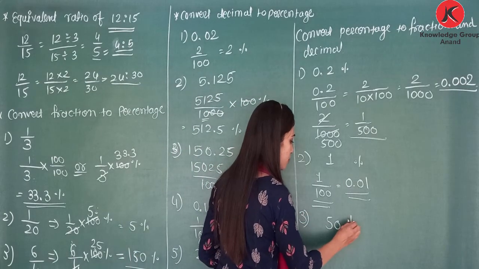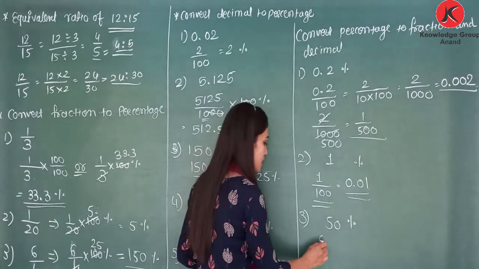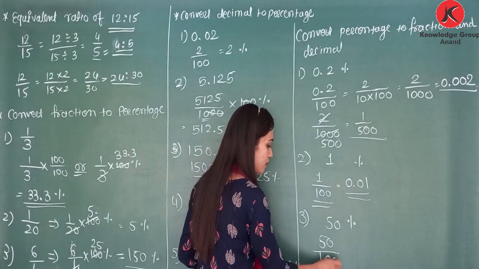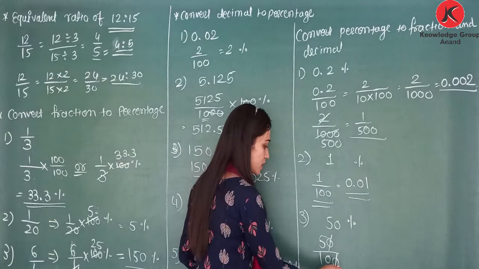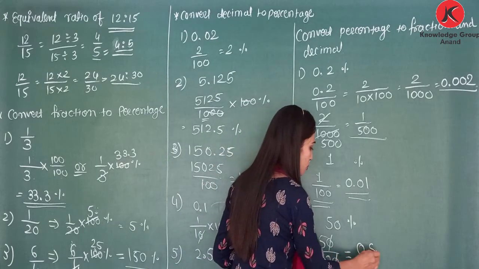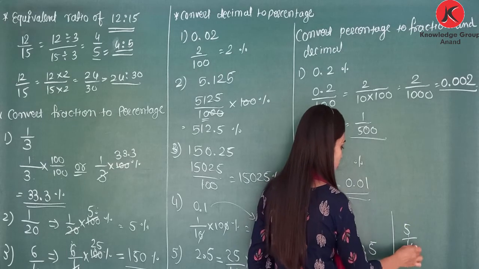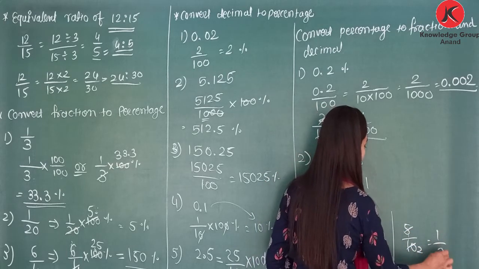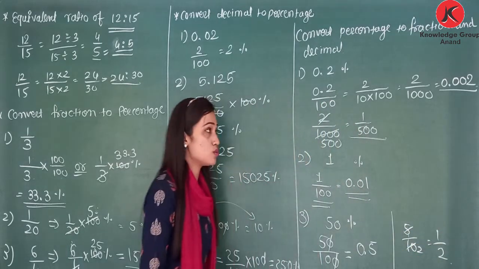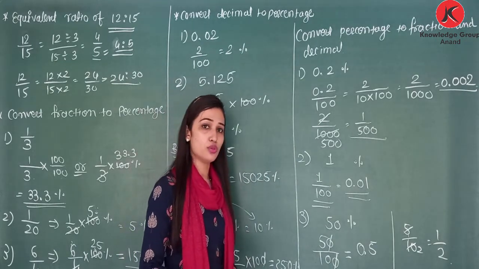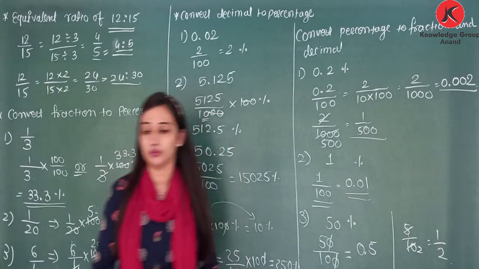If we have 50%, as a fraction it can be written as 50 by 100. You can cut the common factor. So as a decimal it is 0.5 and as a fraction 5 by 10, so it is 1 by 2. So this way we can convert the percentage to fraction or decimal.